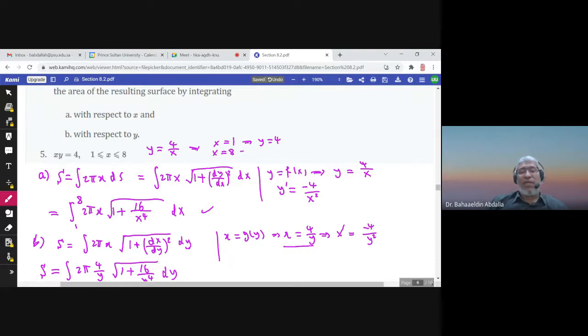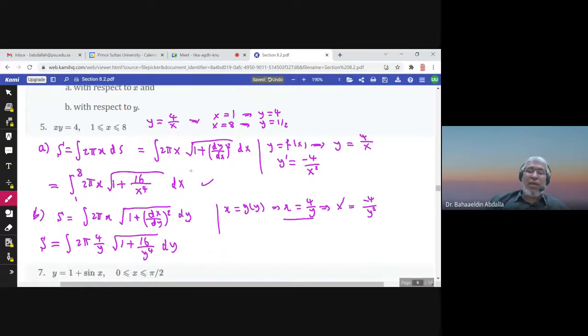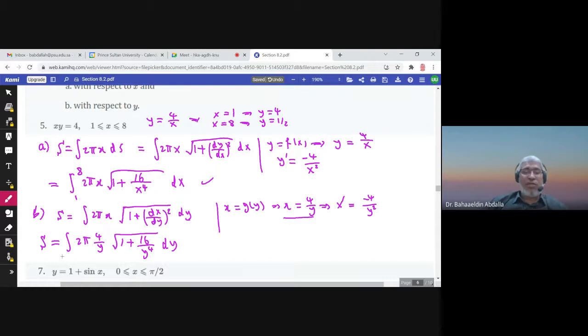And if x is 8, y is 4 over 8, which is half. And here I write the smallest value of y here and the largest here. So it would be the integral from half to 4. Pay attention to this.